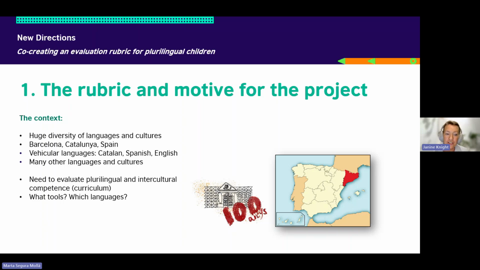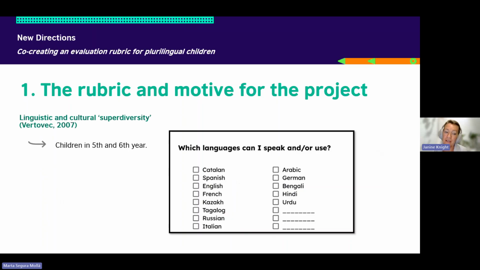However, how to do that is not specified, which raises the question as to what tools exist to evaluate this competence, as well as an important question, which is, which languages are we going to include? Only school-taught languages or all of the children's languages?